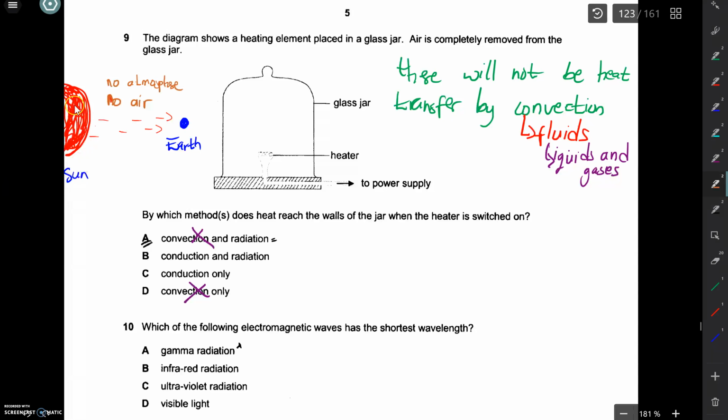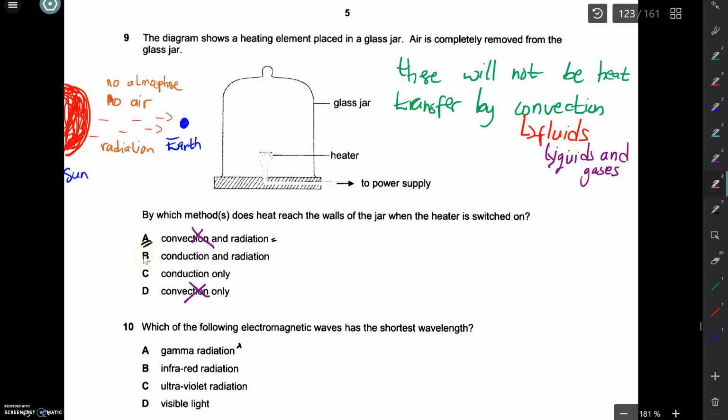So the only way that heat from the sun can reach the earth is by radiation, right? So if you imagine this as the sun and the walls of the glass jar as the earth, the most important method of heat transfer here would be radiation, right?